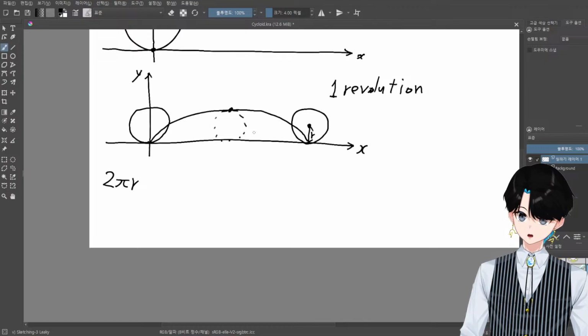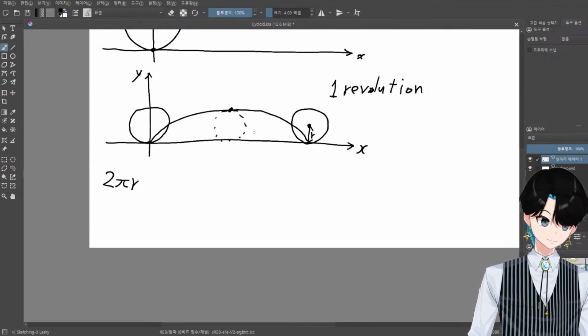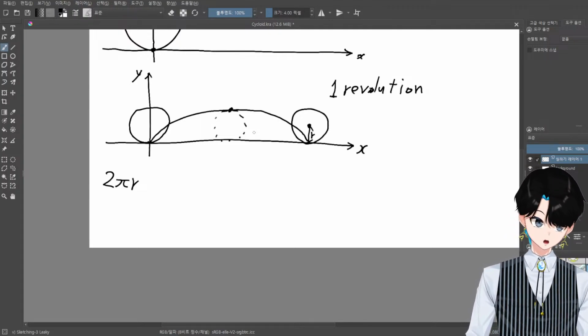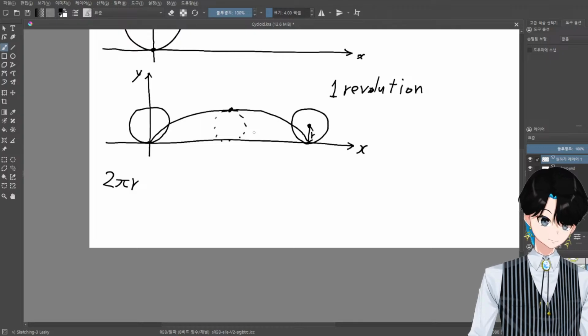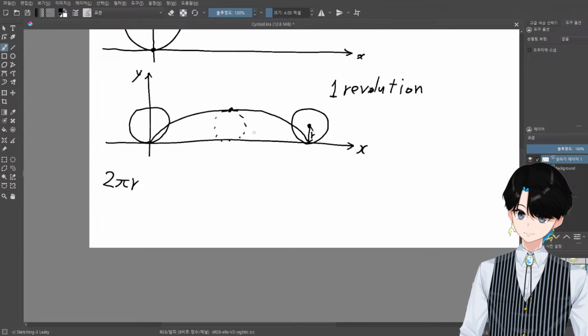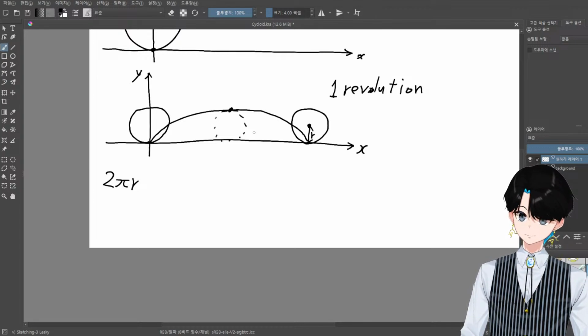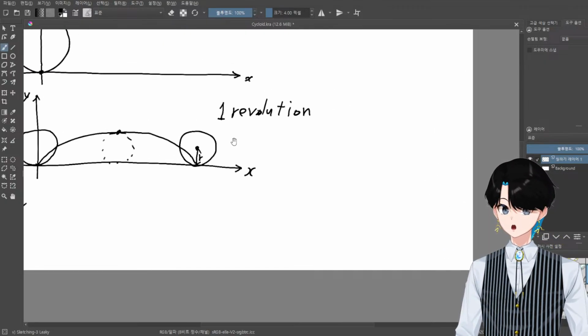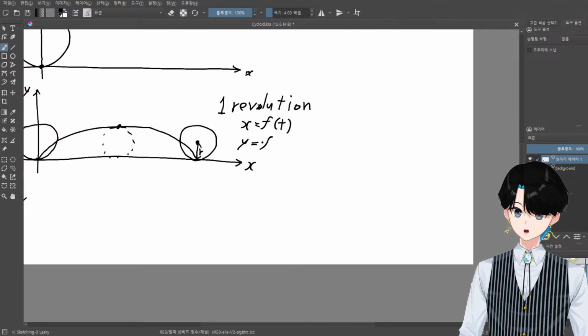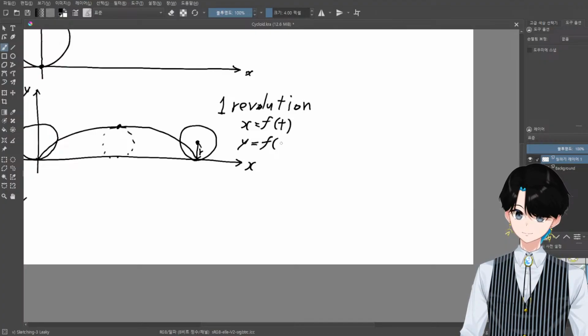Then x is equal to... oh yeah, I'm actually going for this one. The parametric method.